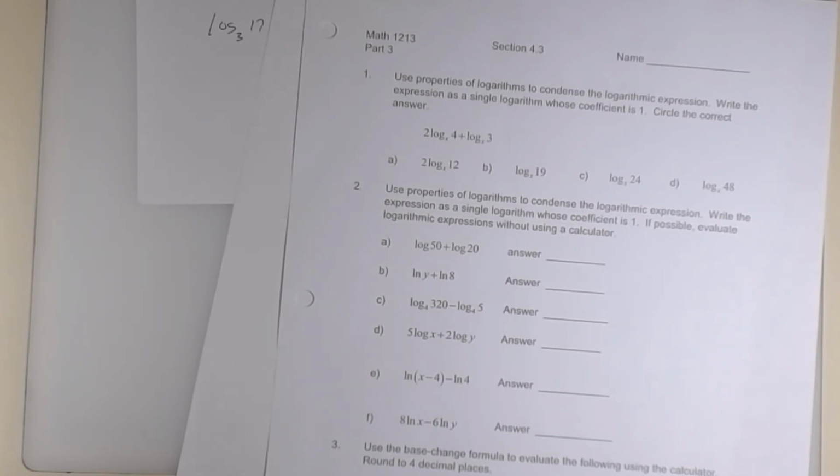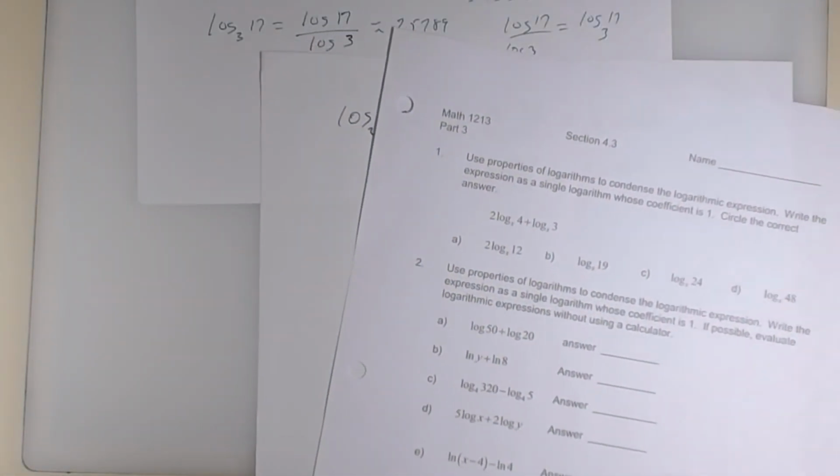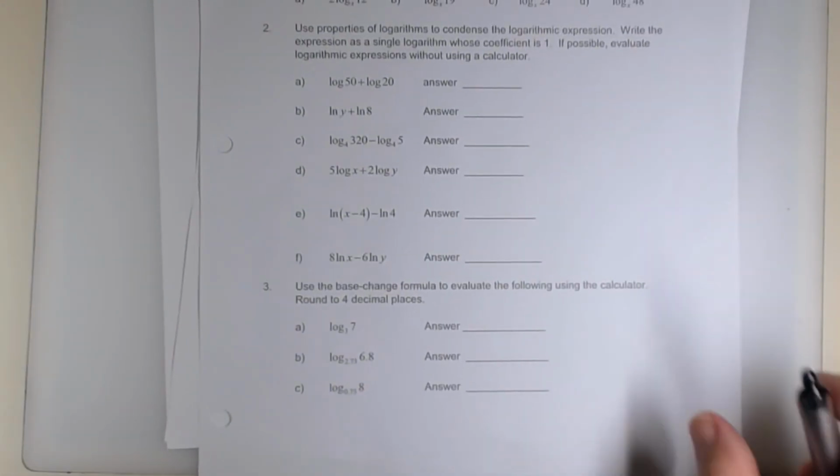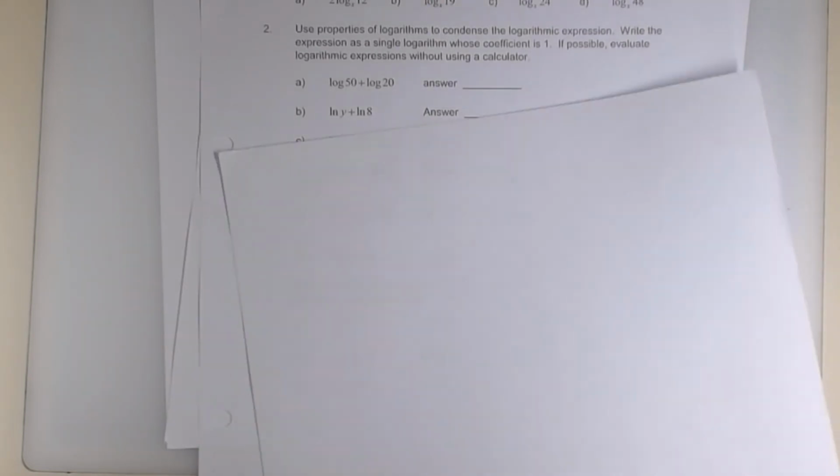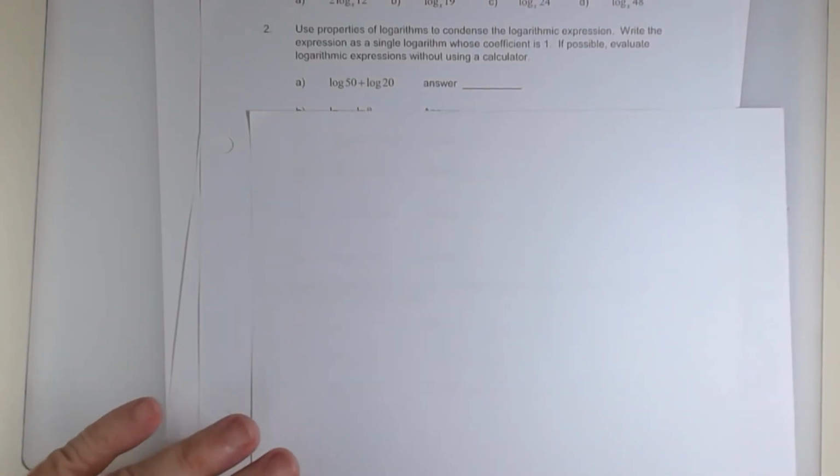So this is where we're headed in 4.4. There are usually 2 questions from 4.4 on the final. Listen carefully. There's usually an exponential equation and there's usually a log equation, and that's all section 4.4.